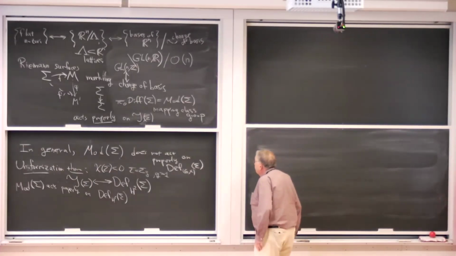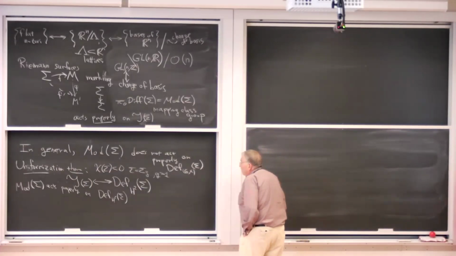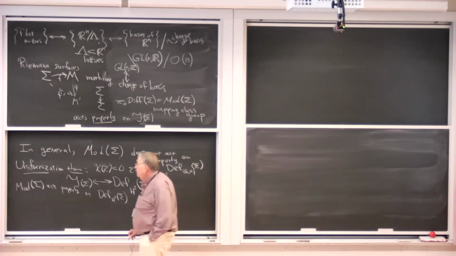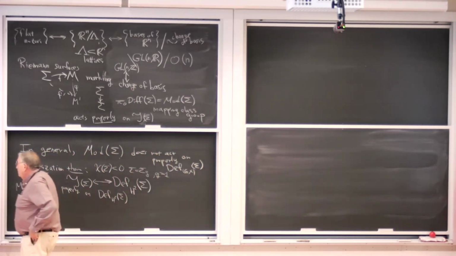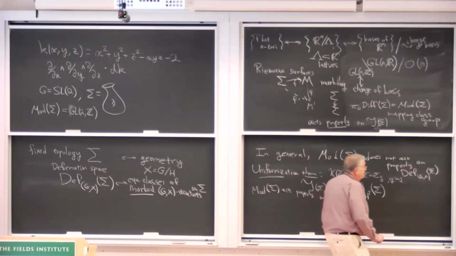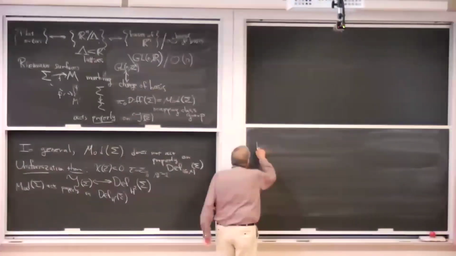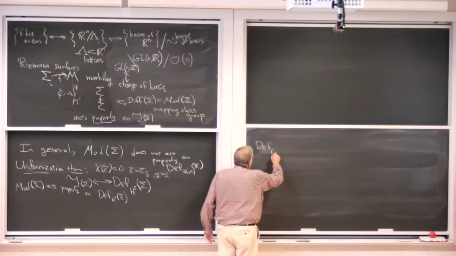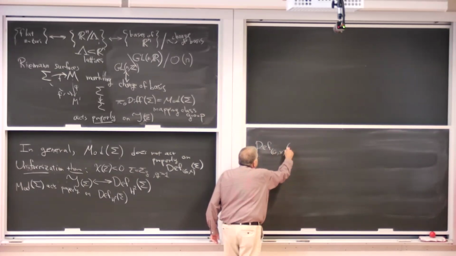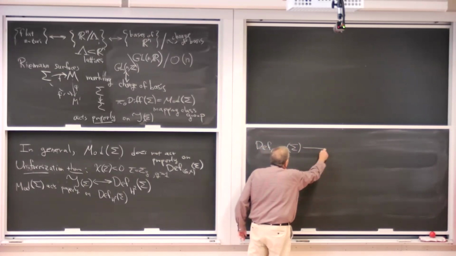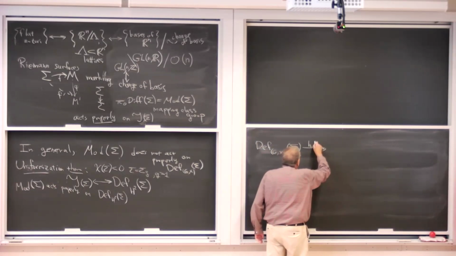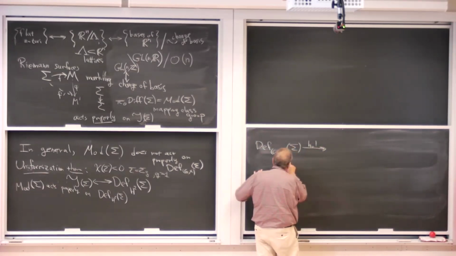Okay. So there's a nice paradigm. This is a theorem which was first noticed in this generality by Bill Thurston. One of these structures is given by a developing map.